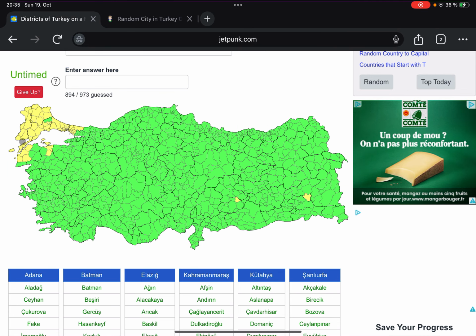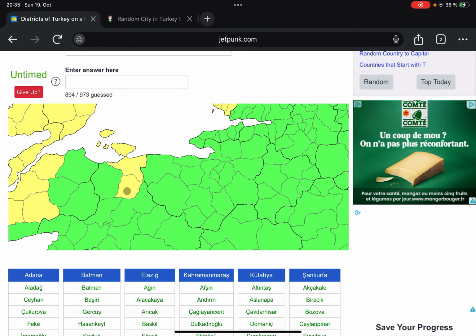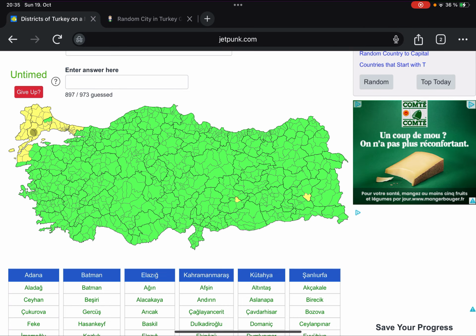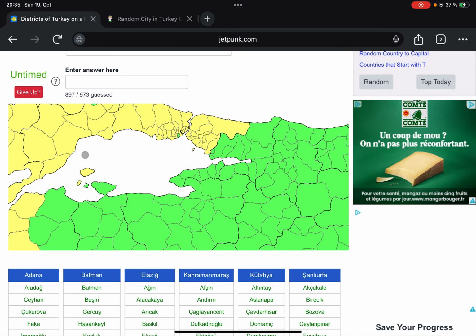Alright. And here we have the districts of Manyas, Bandırma, and Erdek. And so here we get to one of really my only criticisms for the quiz, which is otherwise a really nice quiz.